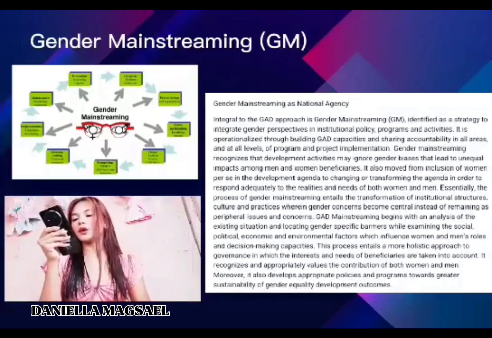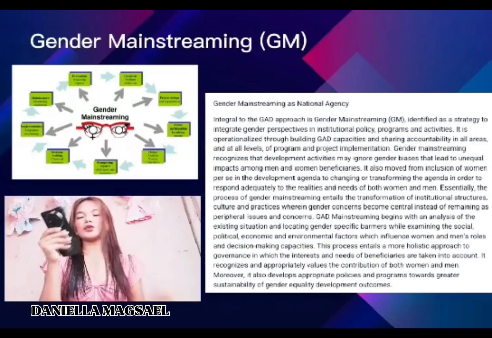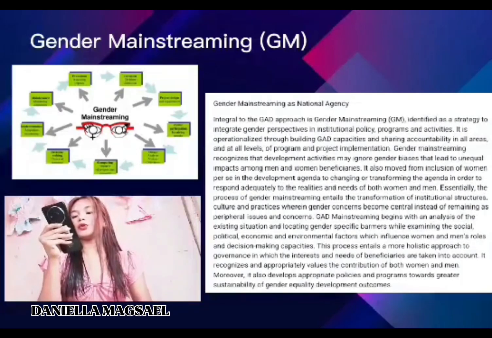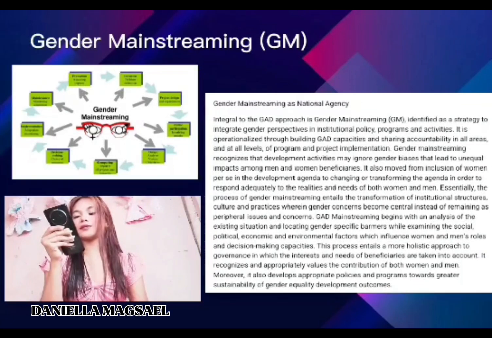So it also moves from the inclusion of women first in the development agenda to changing or transforming agencies in order to respond adequately to the realities and needs of both women and men.